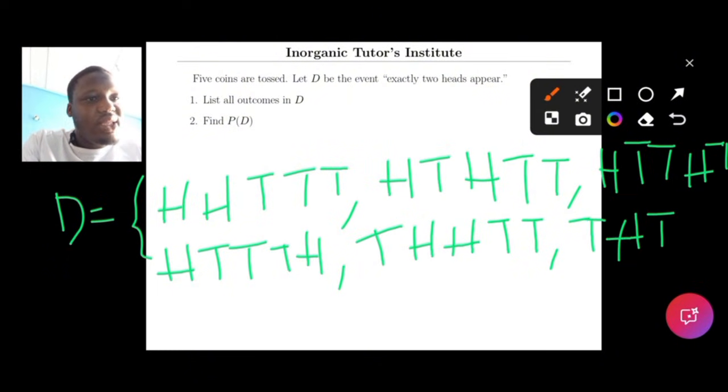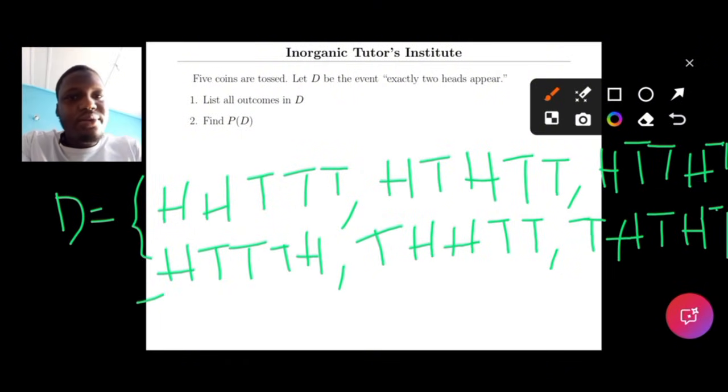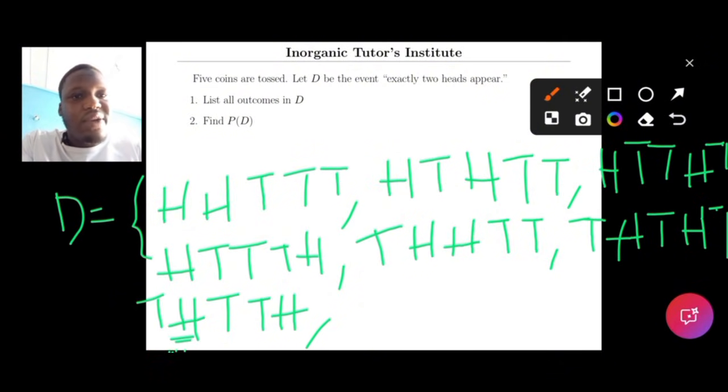Then we float the other. Then T, H, T, T, H. Now we move this T that's always standing at the middle to the third position. So we have T, T, H, then H, T.